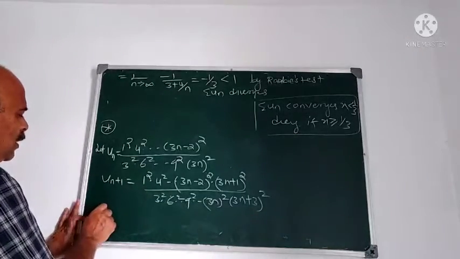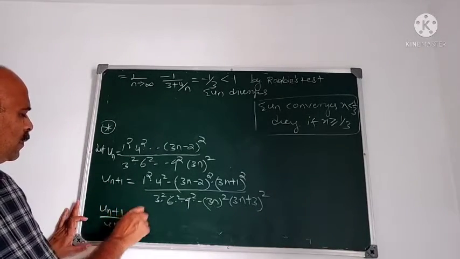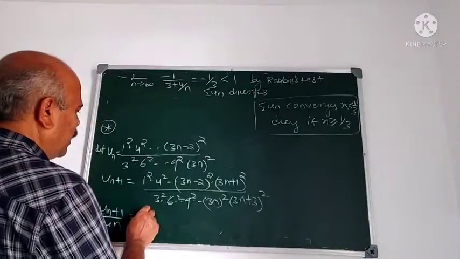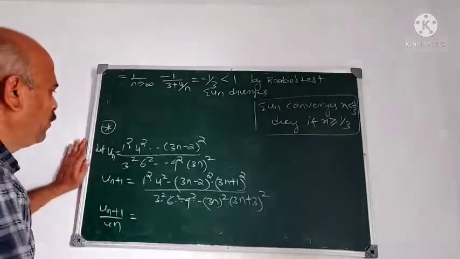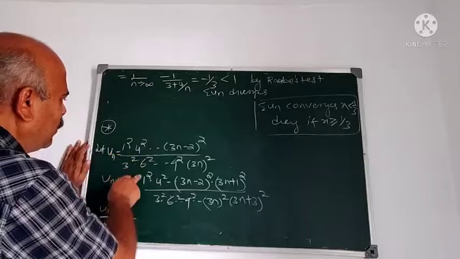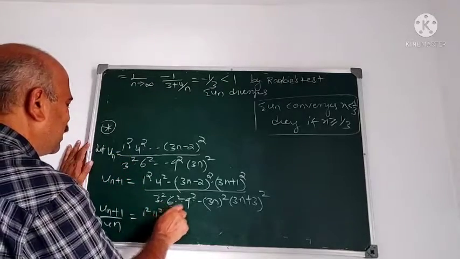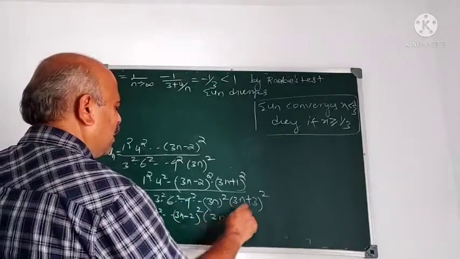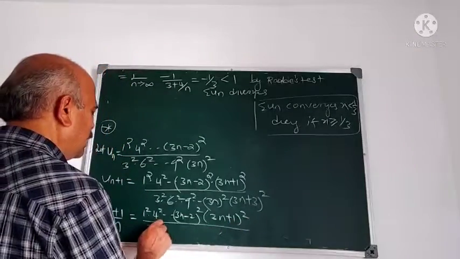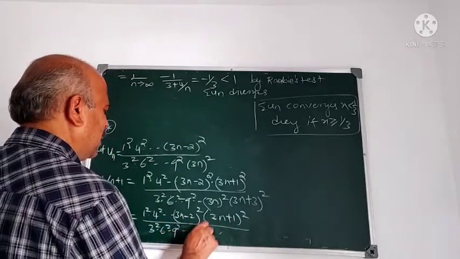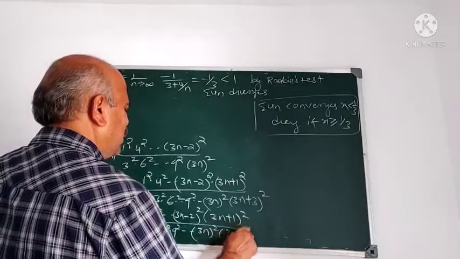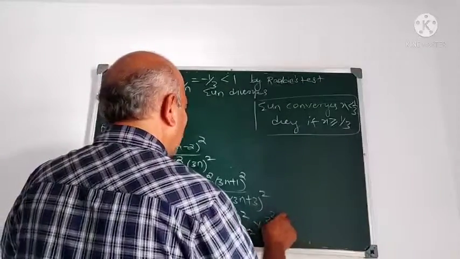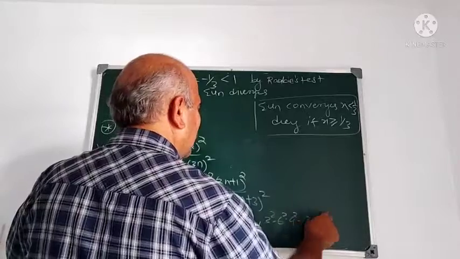To apply D'Alembert's ratio test, we take un plus 1 by un. What is un plus 1 by un? un plus 1 is 1 square 4 square etc. into 3n minus 2 square into 3n plus 1 square, divided by 3 square into 6 square into 9 square etc. 3n square into 3n plus 3 square, upon un, which is 3 square into 6 square etc. 3n square.